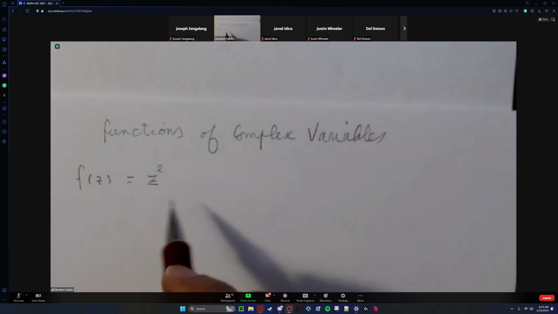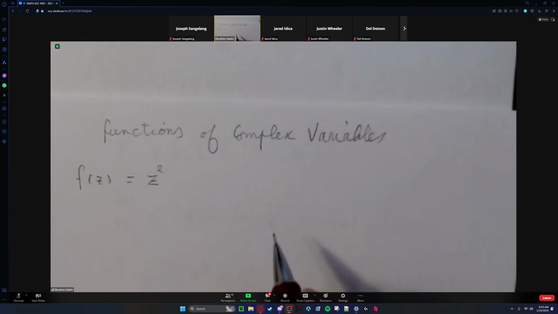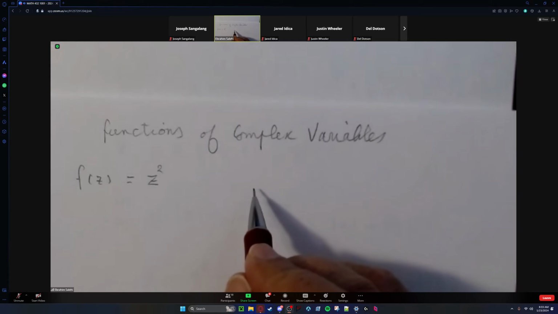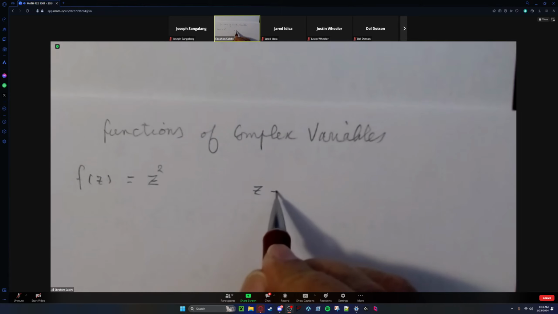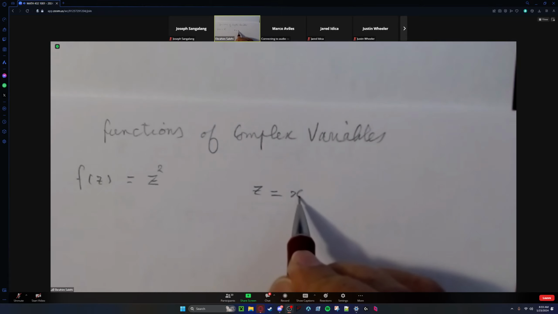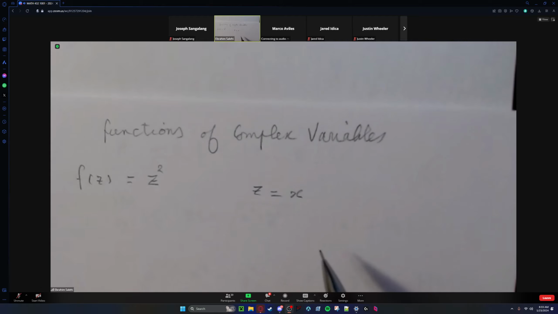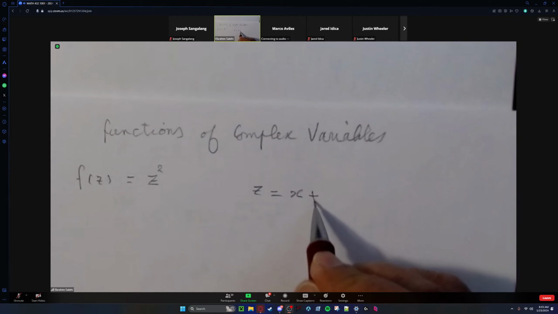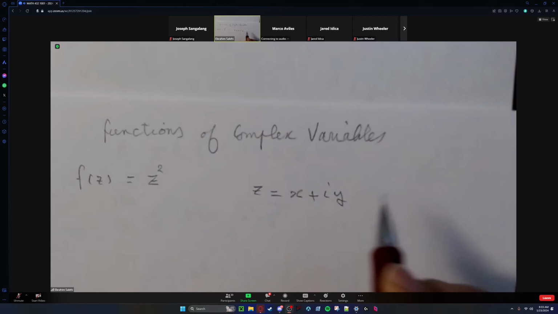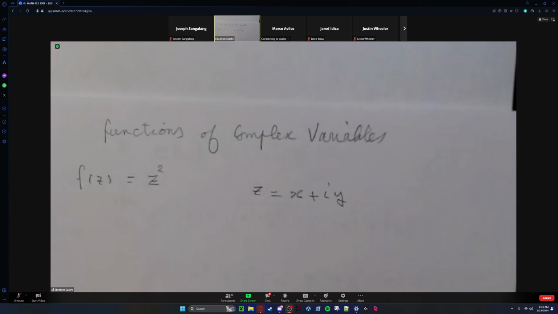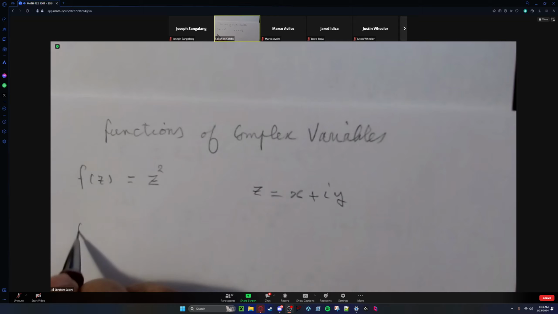So remember, this z is a complex number, and z itself looks like this. It has a real part plus i imaginary part, okay? If we replace z in here and do the multiplication, this is what we will get.